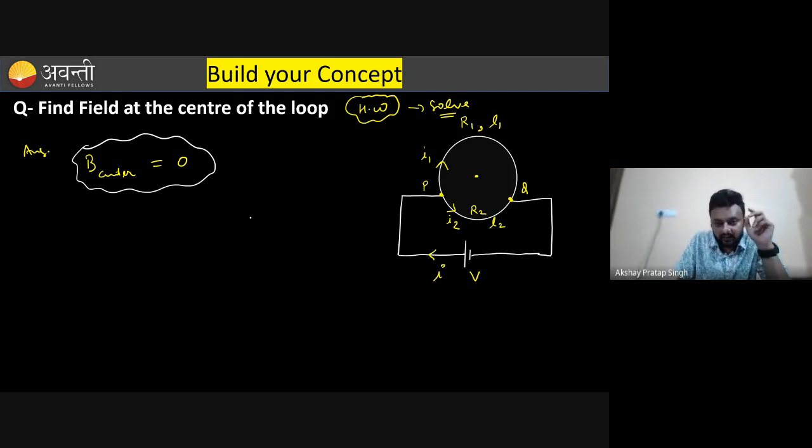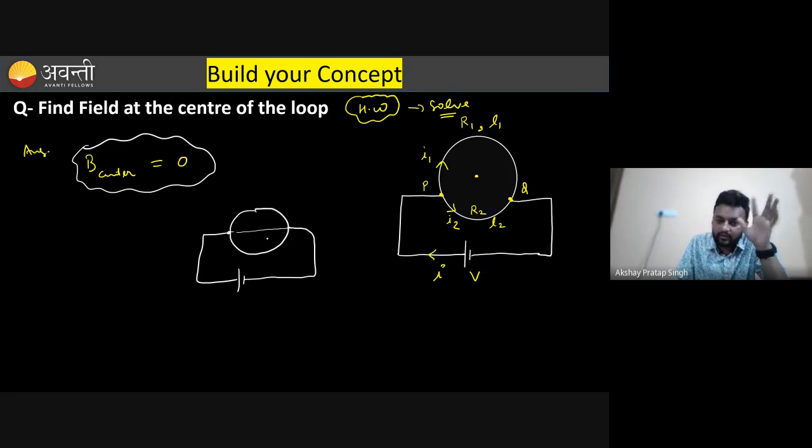You can connect it across diametrically opposite points, and the field will be zero again at the center. Every time the field will be zero. Your task is to complete this question and show how the field is going to be zero. From my side, you should remember this result.